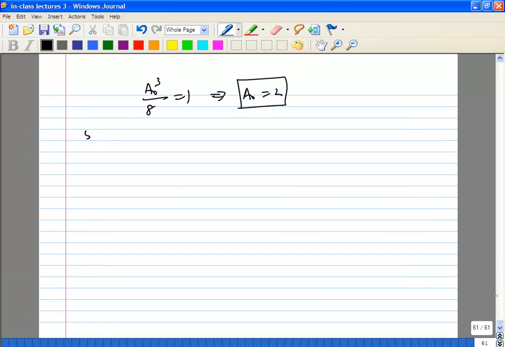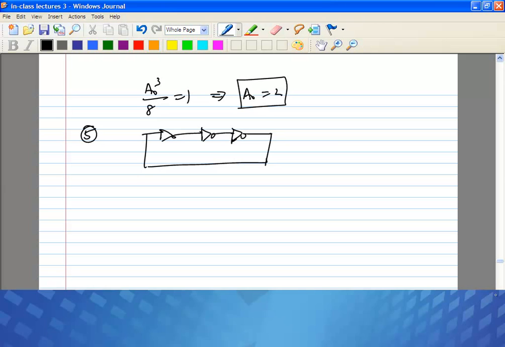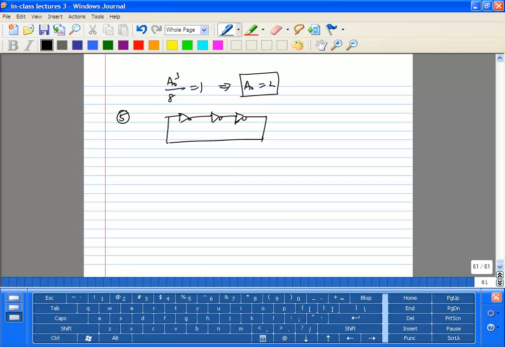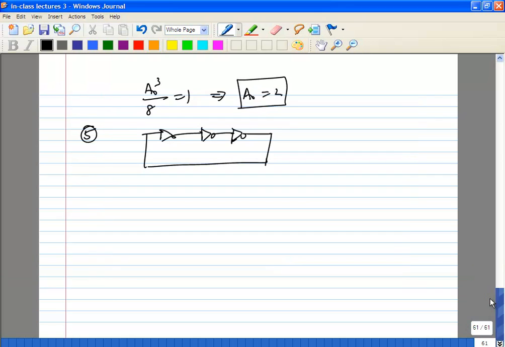I'm sure everybody knows this. If you take the simple case of a ring oscillator, your delay is tau equals TR plus TF over 2.